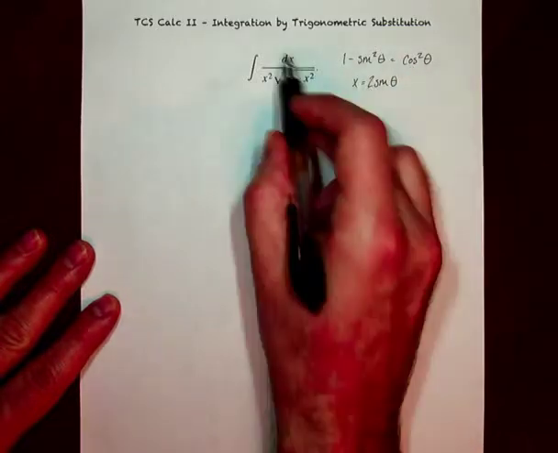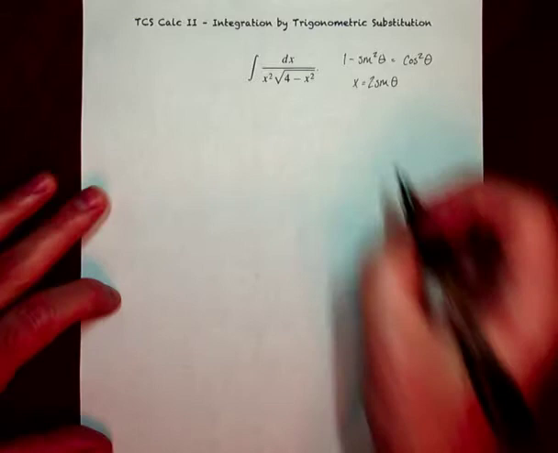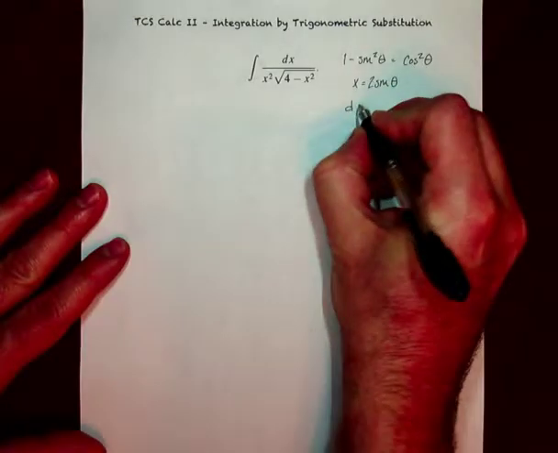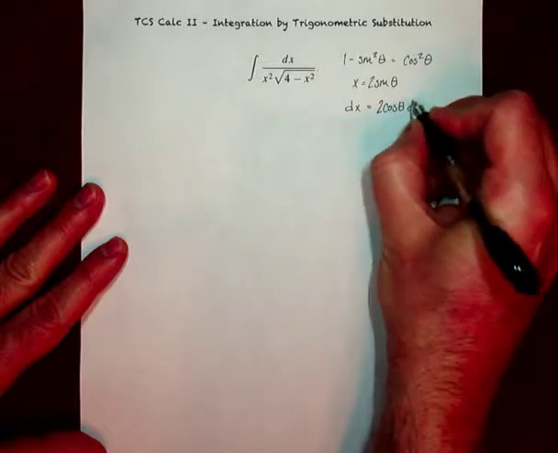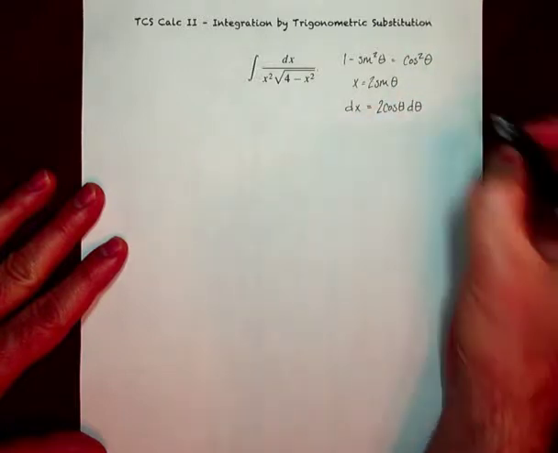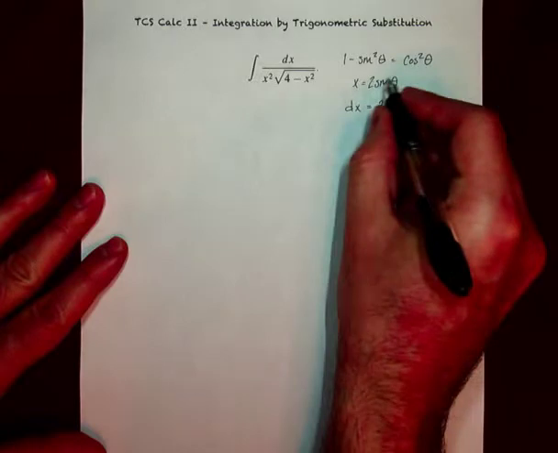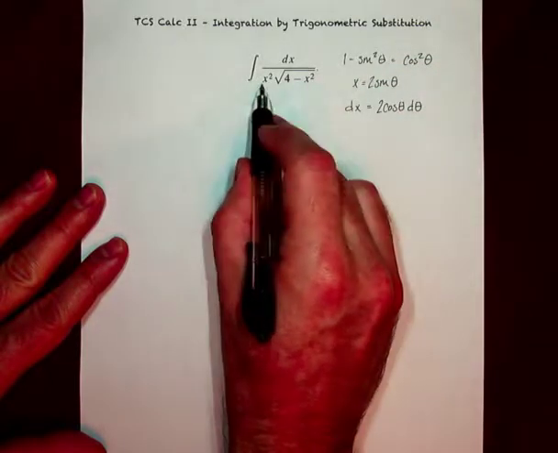But of course, we have to substitute for all this other stuff as well. Now, dx is going to be 2 cosine theta d theta, and x squared is just 4 sine squared theta. So whatever goes here also goes here.